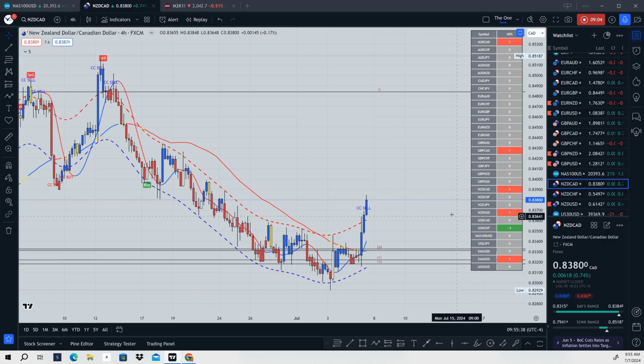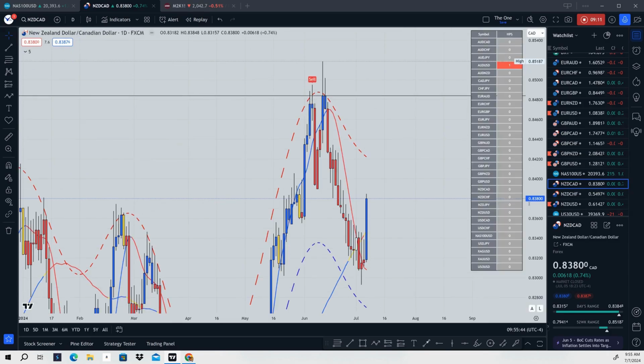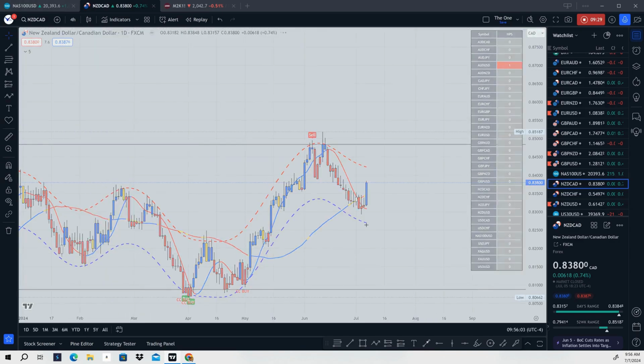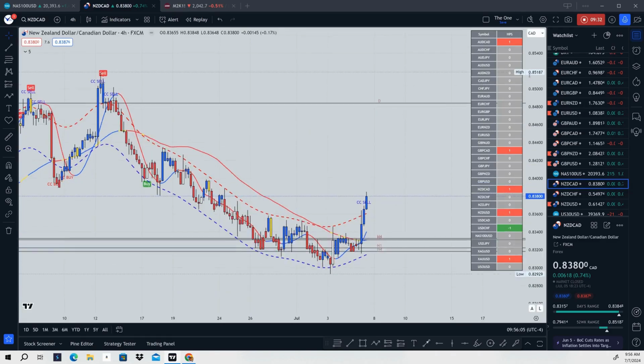Okay. NZD CAD, let's look at the daily time frame real quick so I can show you guys. We have an opportunity to buy NZD CAD. Reason why is because, again, price closed above the 47 moving average. So that means we are bullish. All it's going to simply do on a 4 hour time frame is give us a slight pullback to go higher.